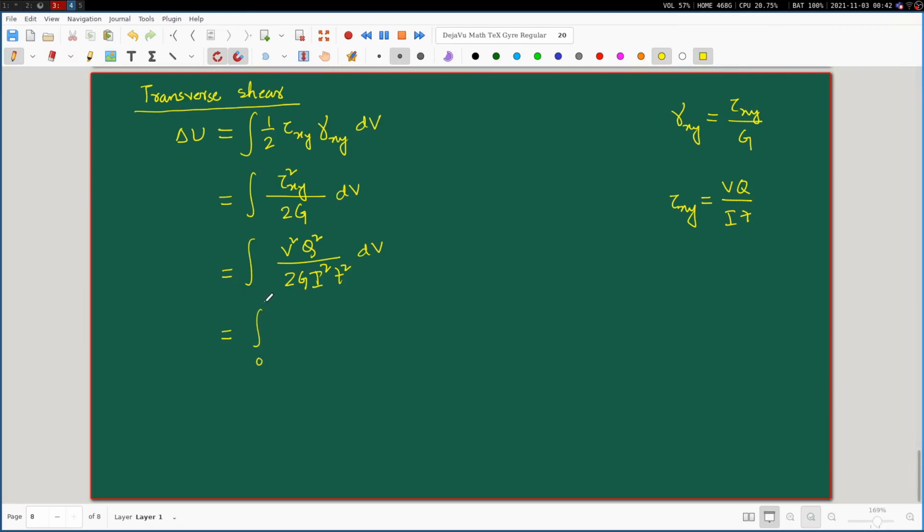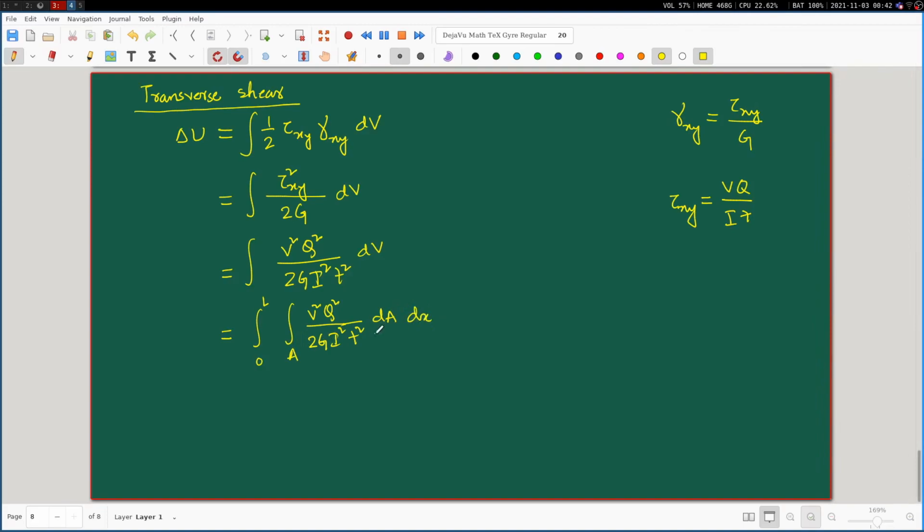So 0 to L, because you understand that these are the kinds of expressions which we had obtained in the context of beams, so it makes sense to proceed by thinking in terms of beams. So this is over the area. This is V squared Q squared over twice G I squared t squared dA dx.